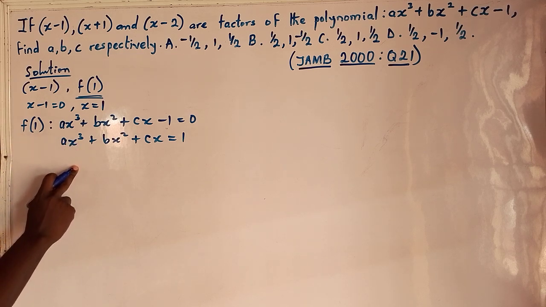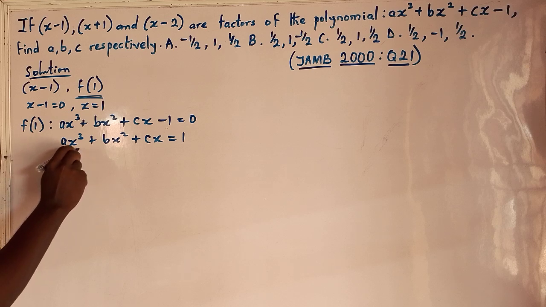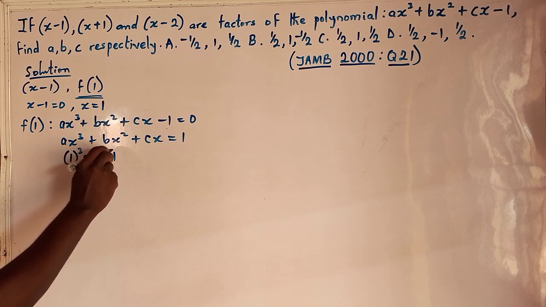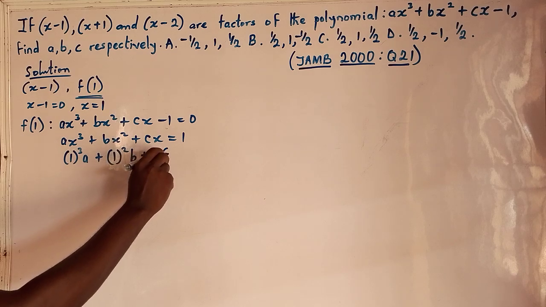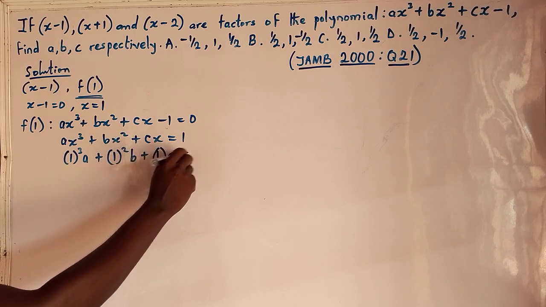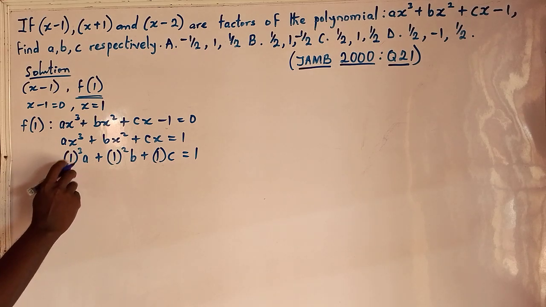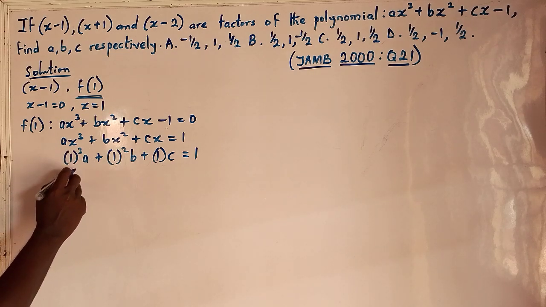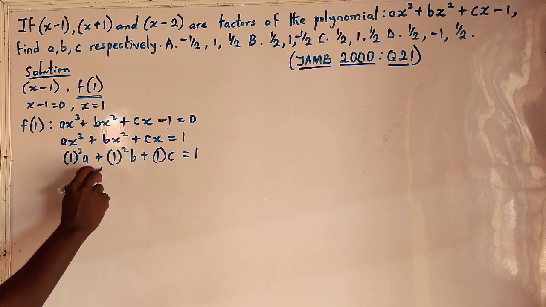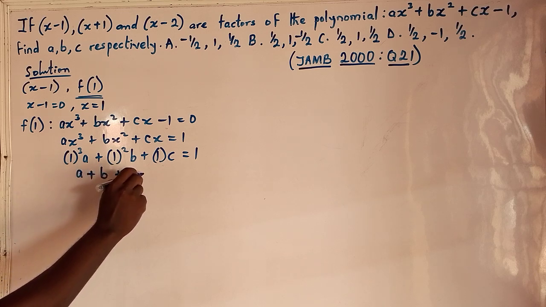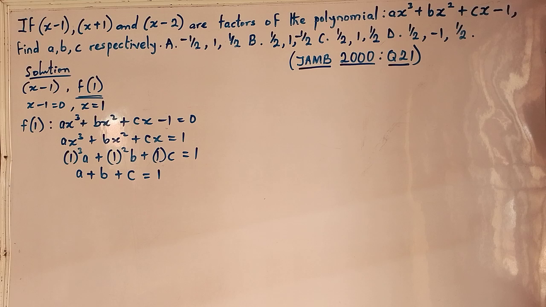So we have 1 cubed a plus 1 squared b plus 1 c equals 1. 1 cubed is 1, so 1 times a is a. That is a plus b plus c equals 1, for f of 1.